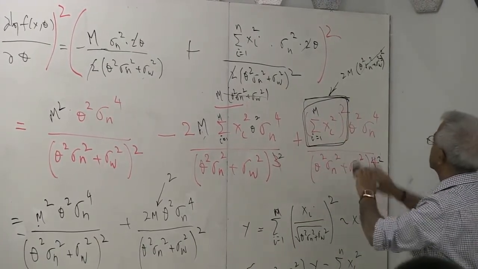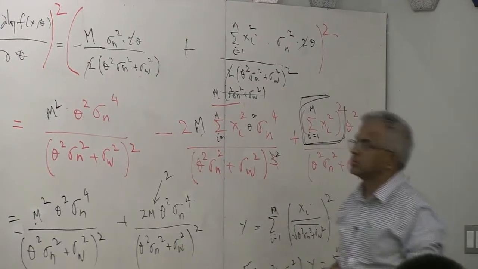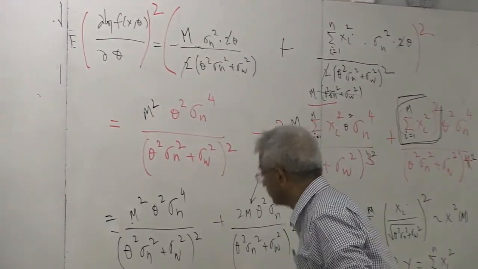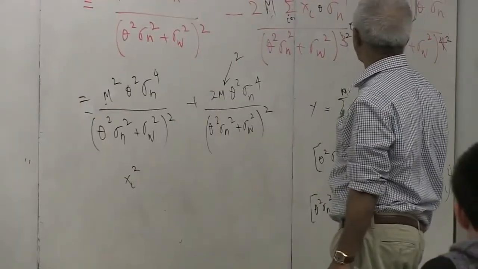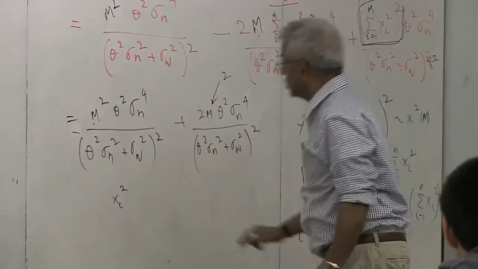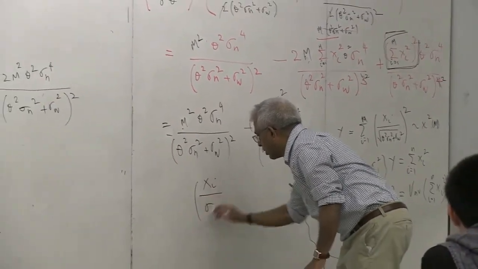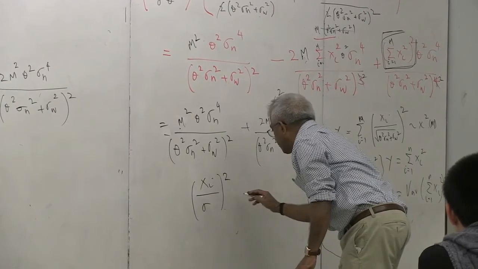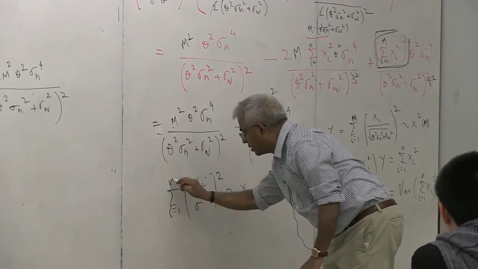This is not the variance, I'm sorry. This is not the variance because, so, xi over sigma squared is chi squared with 1 degree of freedom, or summation i equal to 1 through n.